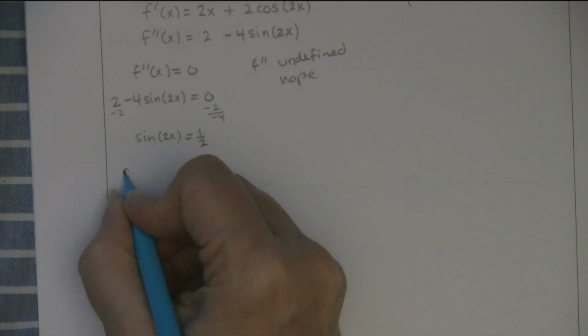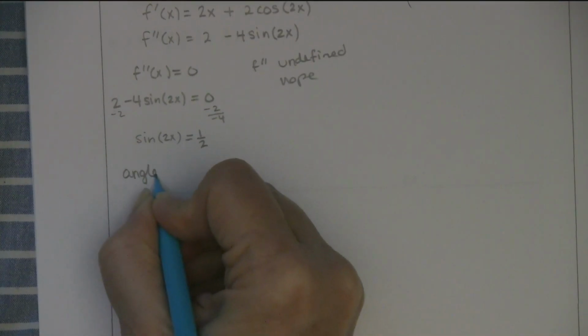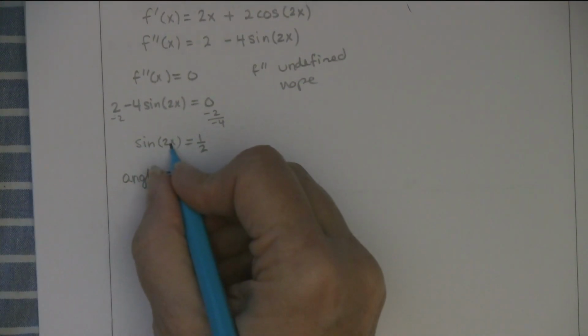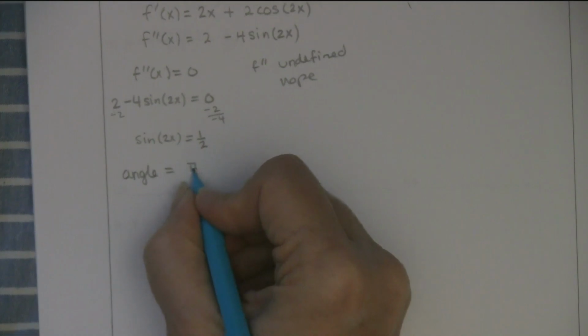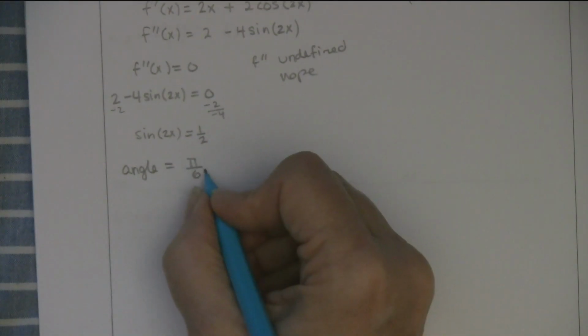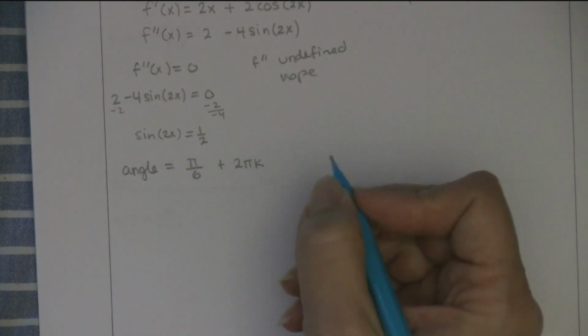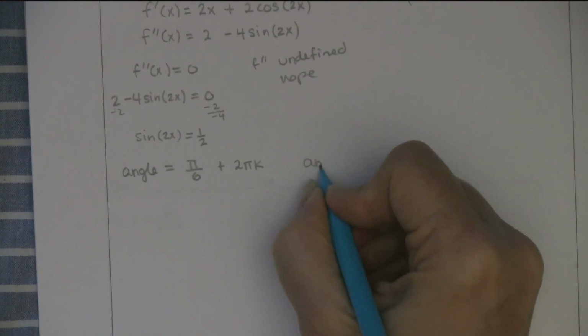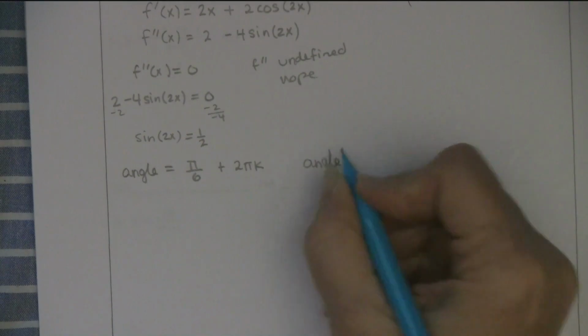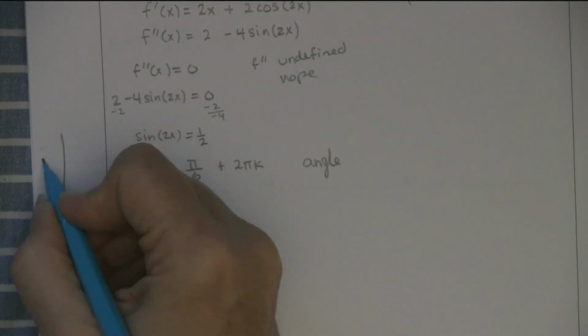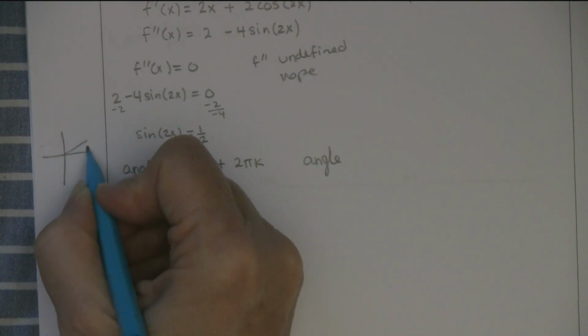And so my angle, 2x, is pi over 6. That's the angle in the first quadrant, plus 2 pi k. I'm going to put it like that. And there's another angle that also gives half. There's 2 of them. And so there's one in the first quadrant. It's right here, pi over 6.